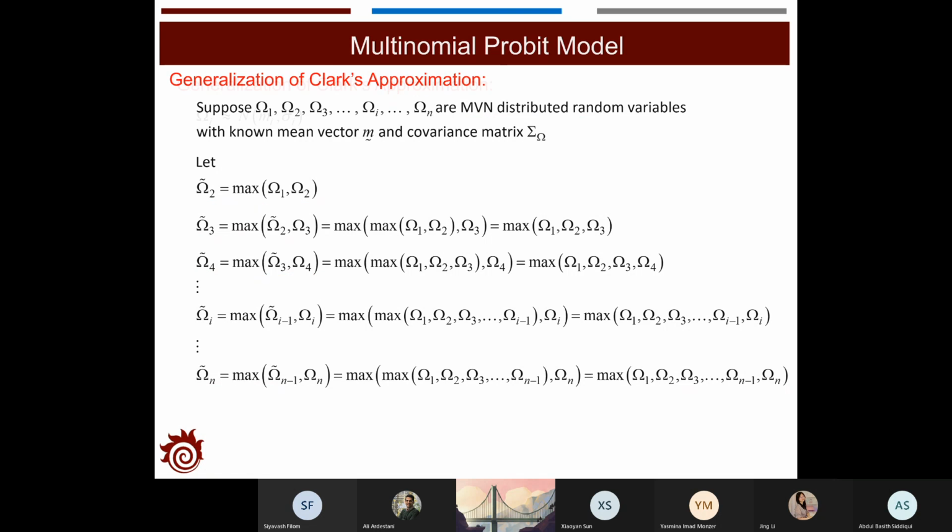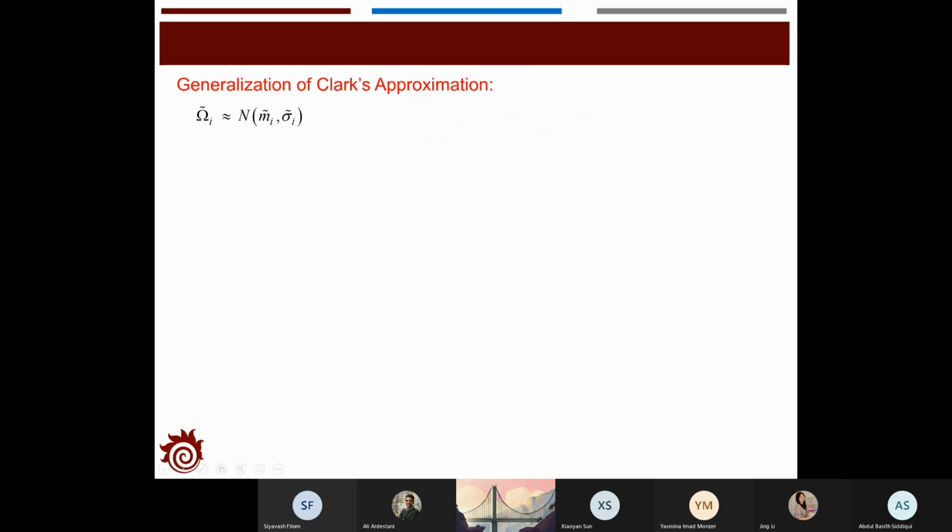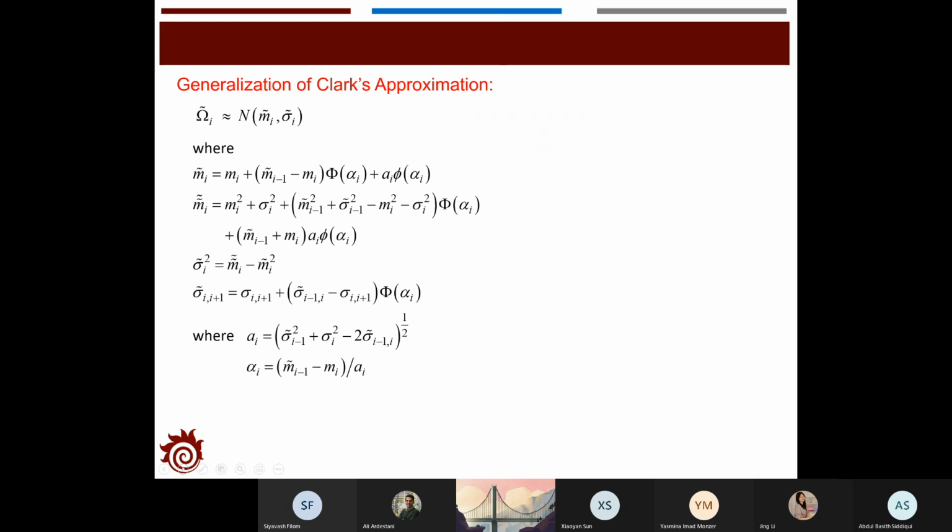So that will be the generalization of this method. And in this calculation, we have listed the equations for you to calculate the mean and the variance for the maximum value in the next iteration, which is quite similar to the equations we proposed previously for the two variable scenario.